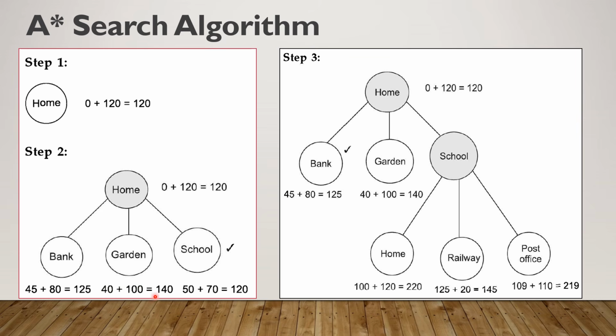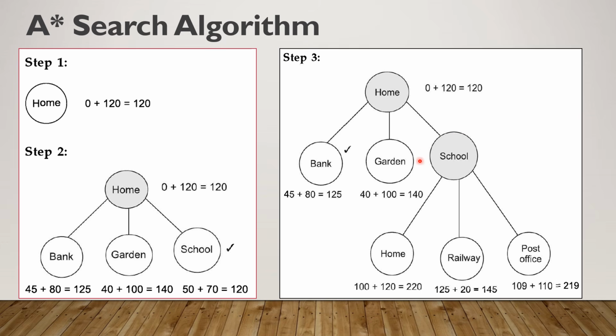From this comparison, these are now the leaf nodes. Which of these three nodes has the least f of n value? 125, 140, 120. So we consider school, home to school.